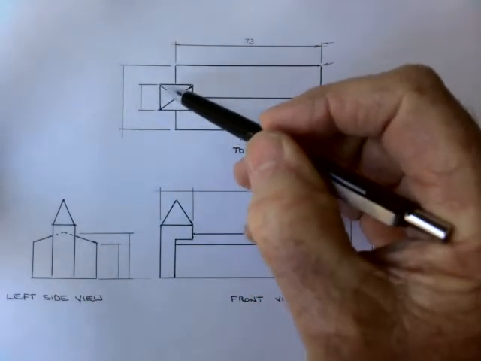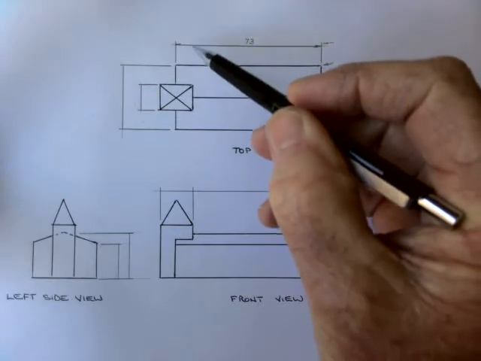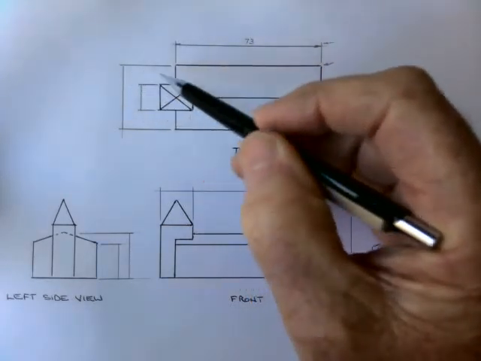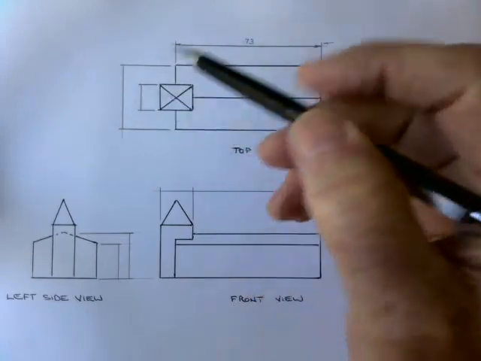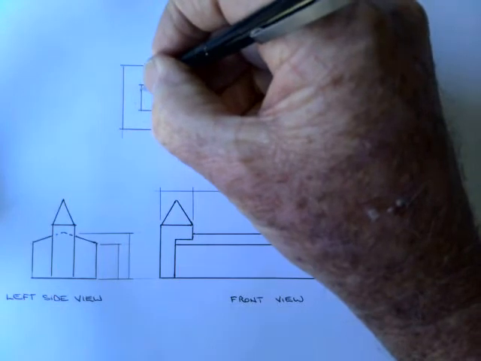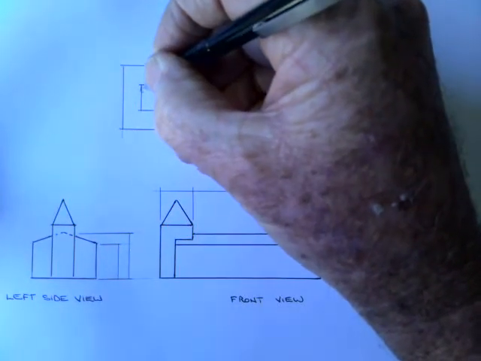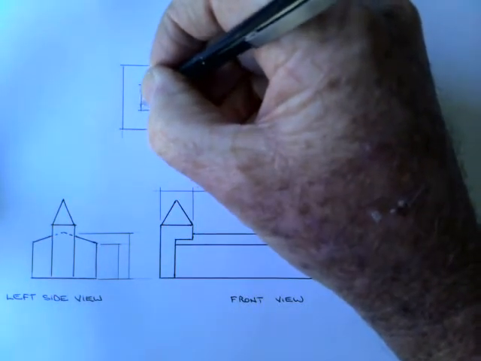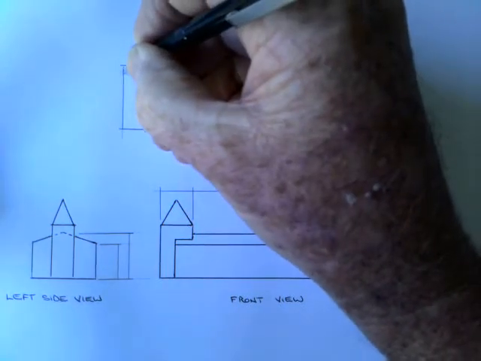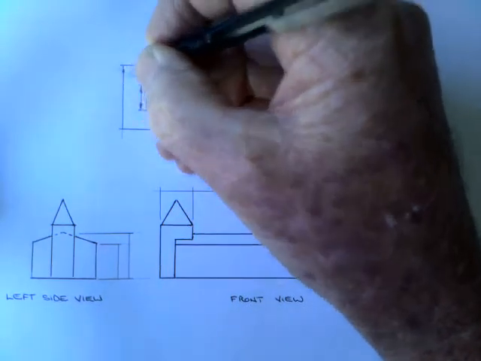These are approximately 1 centimetre away from my drawing. This one is obviously further, however, it doesn't crowd this dimension. The first thing I'm going to do is place my arrows on it, about 3 millimetres long by about 1.5 to 2 millimetres wide.